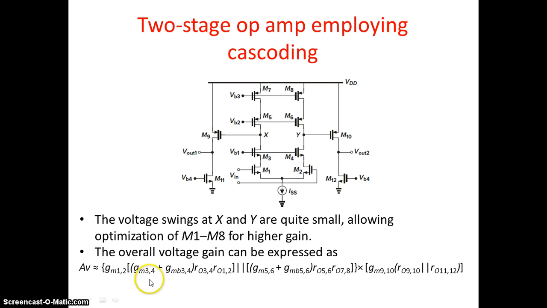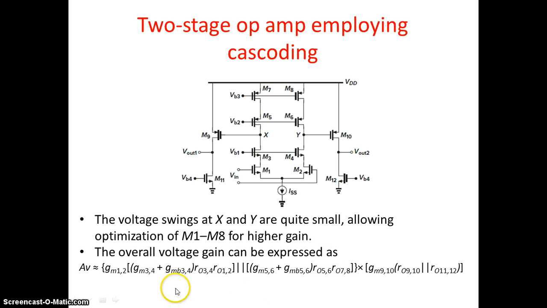That's why here we have gm34 plus gmb34, then r_o34 times r_o12, in parallel with the transconductance of this one. Here it is also going to have a body effect, that's why gm56 plus gmb56, and then the resistance of MOSFET 5 and 7. If they are identical in parallel, we can take 5, 6, 7, 8. This particular part is the gain from the cascoded amplifier.